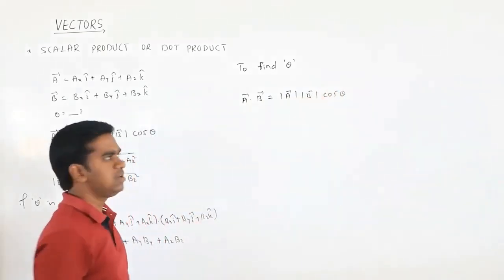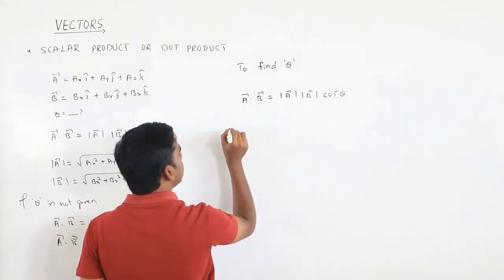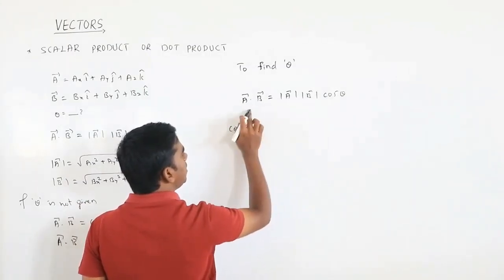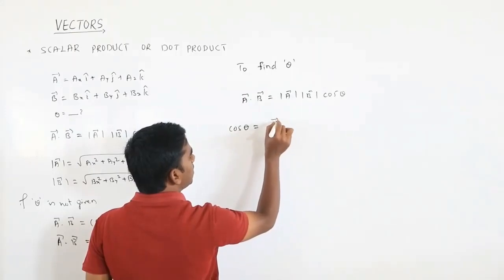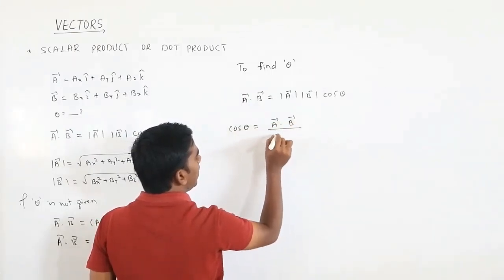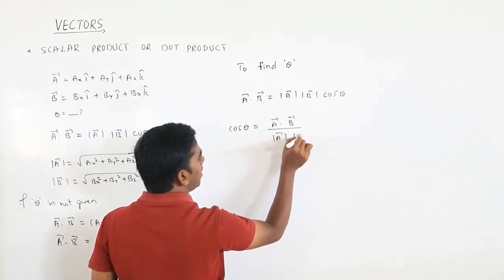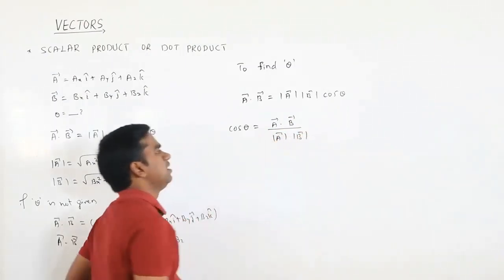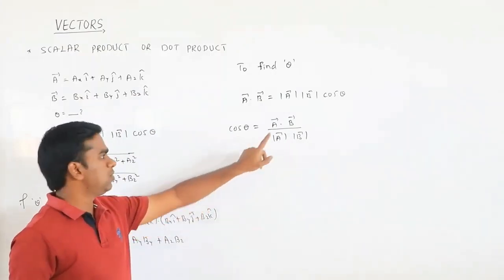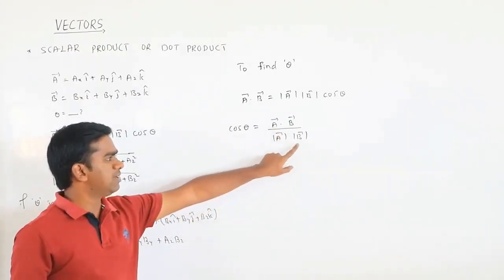You want to find theta, so you can write cos theta is equal to, bringing these two to the denominator, vector A dot vector B divided by magnitude of vector A and magnitude of vector B. So you can easily find cos theta here.